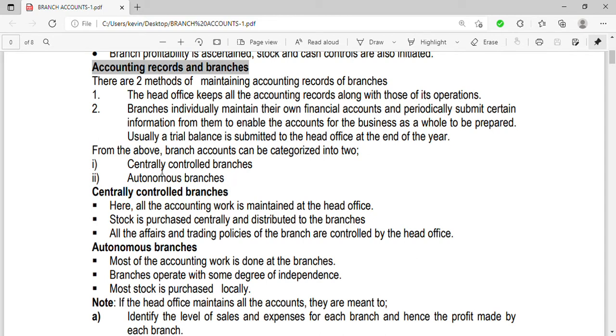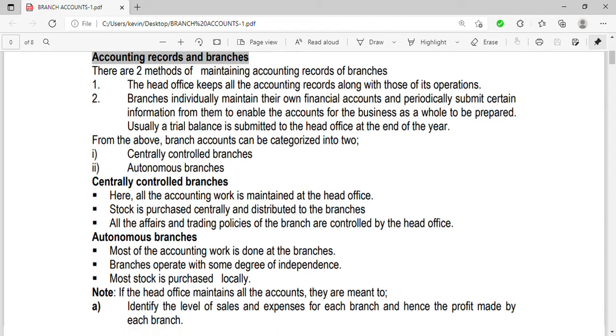Centrally controlled branches, here all the accounting work is maintained at the head office, so the head office does everything. Then stock is purchased centrally and distributed to the branches, and all the affairs and trading policies of the branch are controlled by the head office, that is centrally controlled branches.